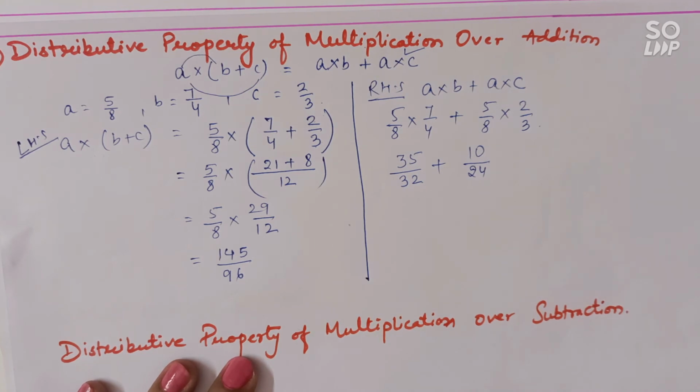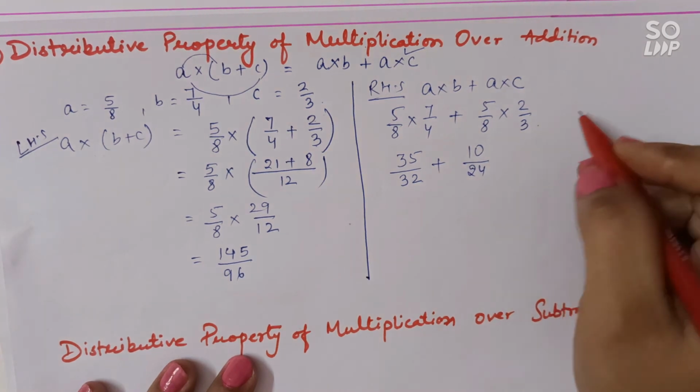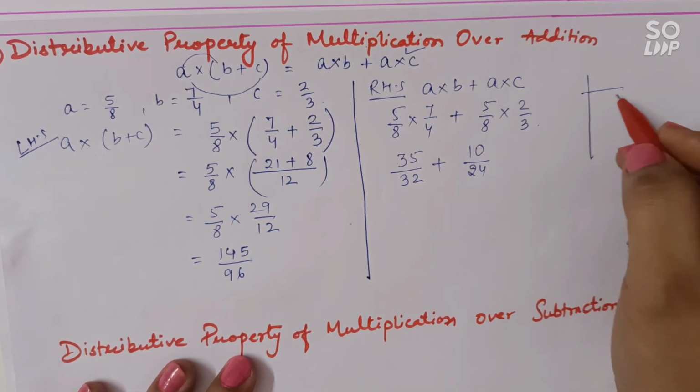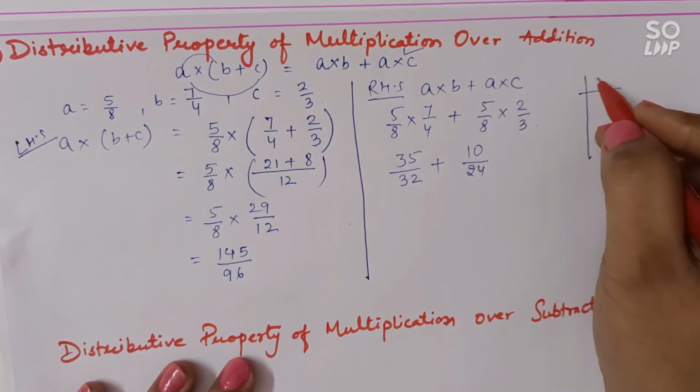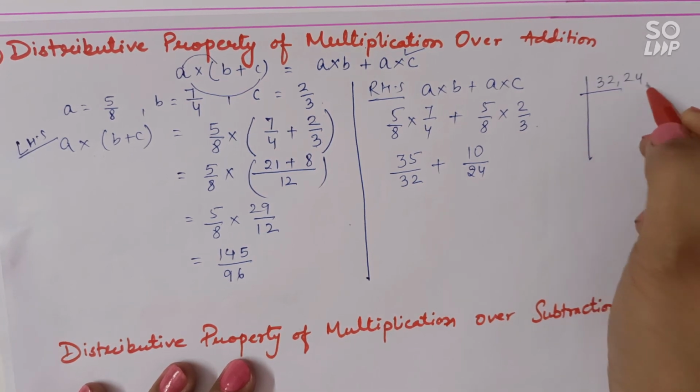Now as the denominators are different, we'll take out the LCM. We have already done this in our previous video. When the denominators are not the same, we have to take out the LCM.